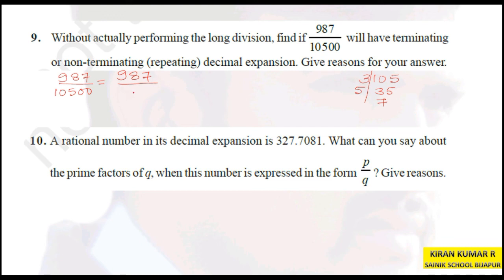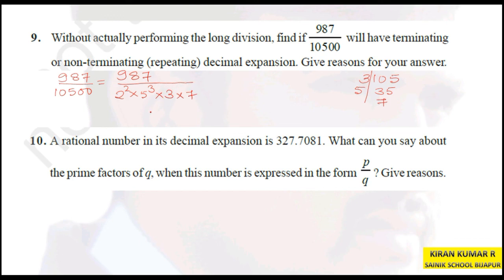So this can be written as 2 square into, for 100 it is 4 into 25. Here for 105 there is one more 5. So finally it is 5 cube multiplied by 3 multiplied by 7.